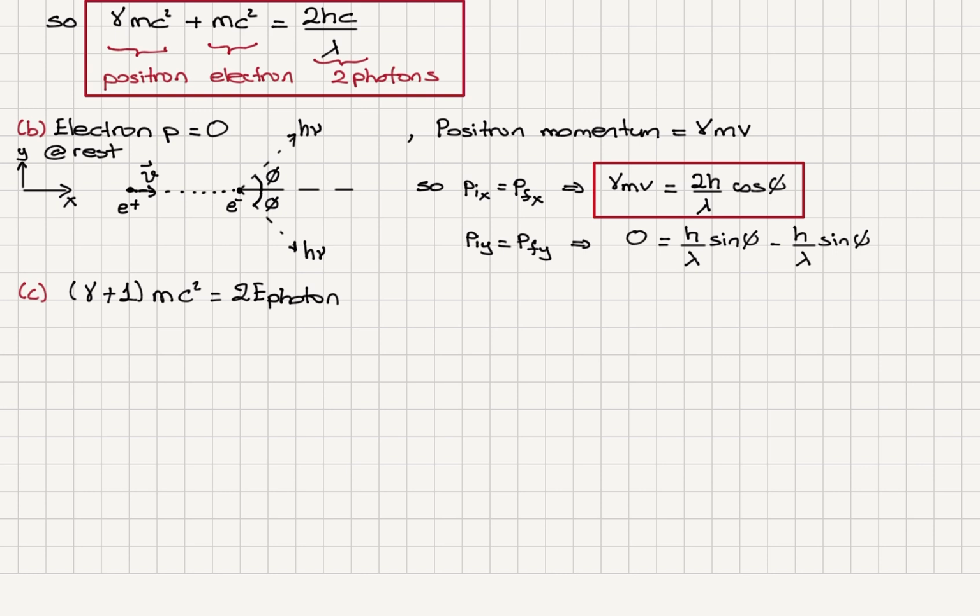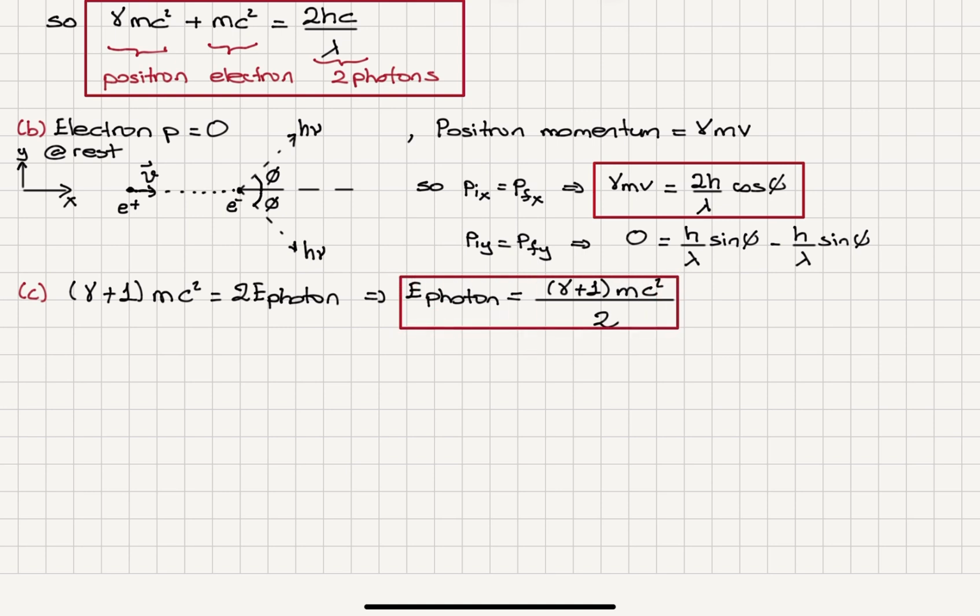So this tells me that the energy of each photon is equal to (gamma plus 1) mc squared divided by 2. So that was part of the question. Now remember that this part is hc over lambda.